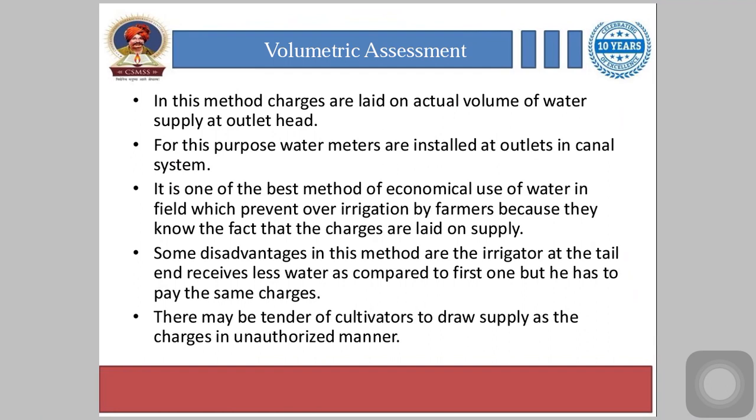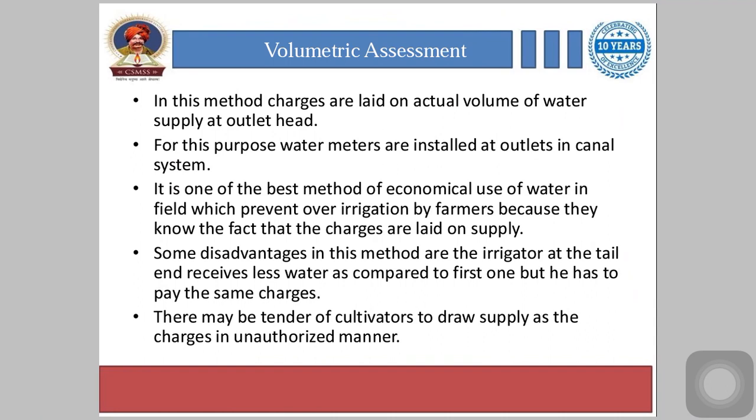But this is not a very practical method in India, because it is necessary to install numerous water meters, which are difficult to maintain, and their cost is also heavy.